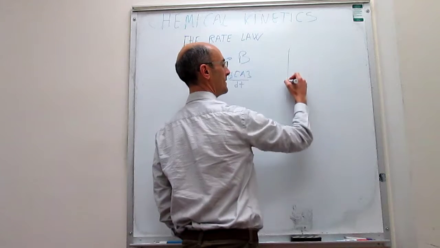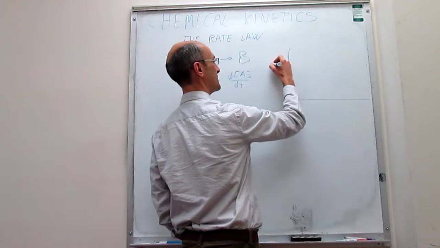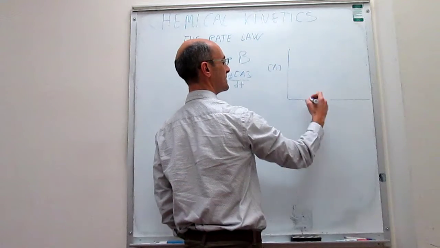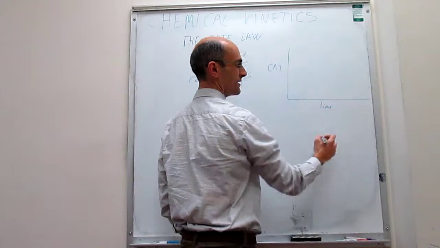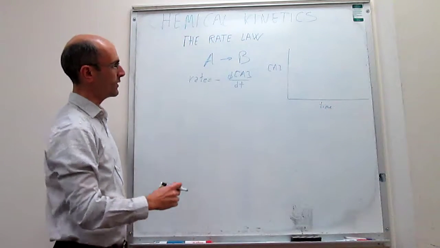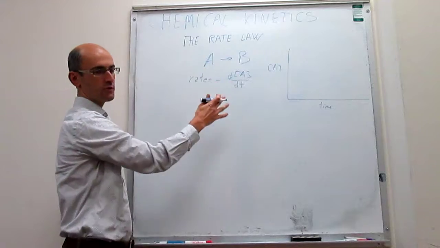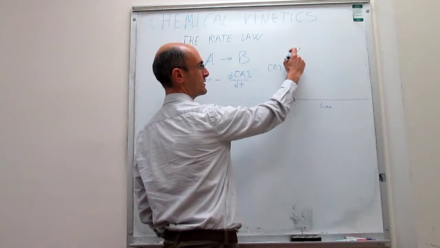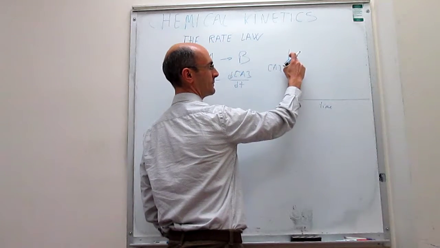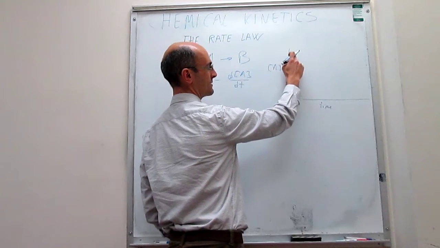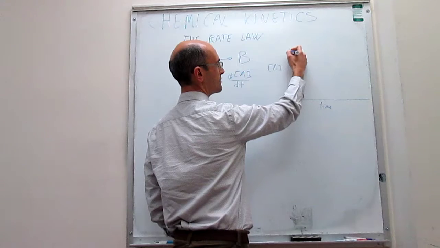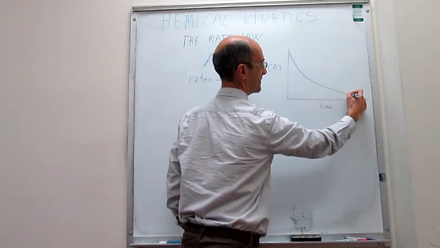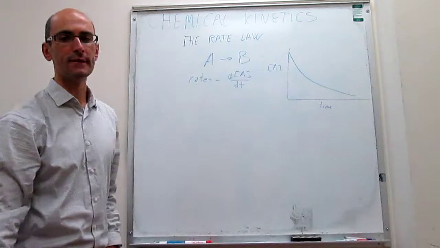Now, something interesting that we have seen as well is that the rate can change as a function of time. If we're able to plot how the concentration of A changes as a function of time, this can have various forms. It could be perhaps linear, or sometimes exponential, or some other form. Let's assume for this discussion that it changes like this.